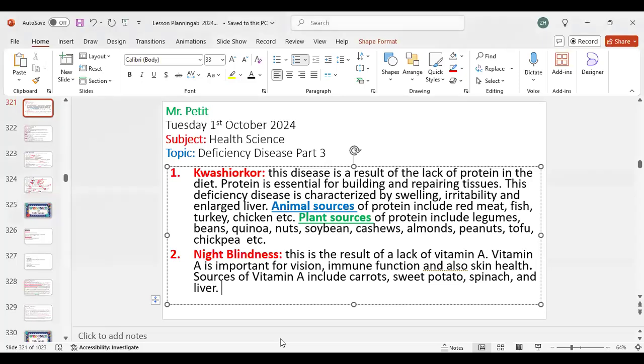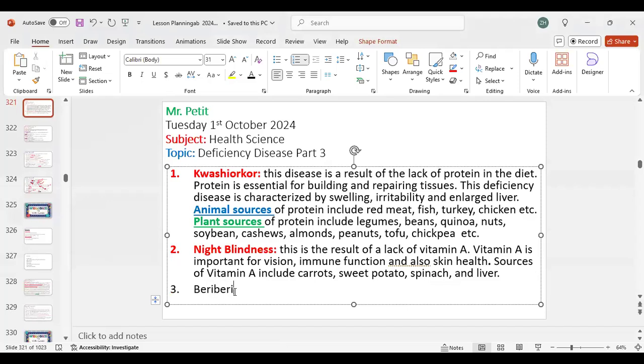So this is the result of a lack of vitamin B1. Vitamin B1 is also called thiamine, right?